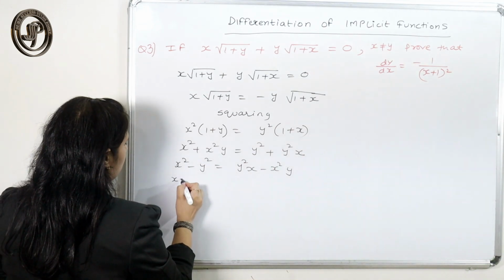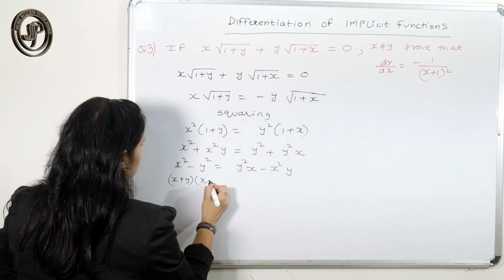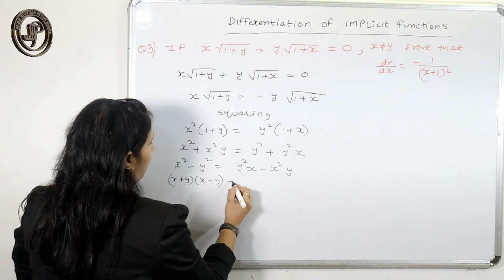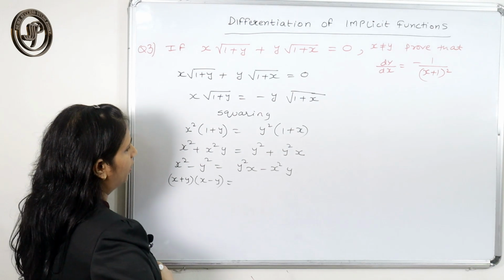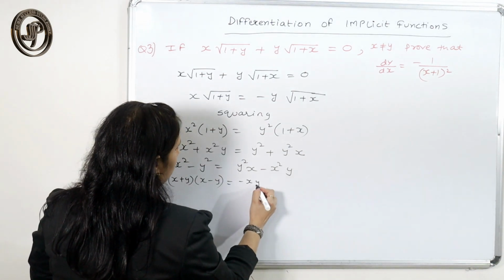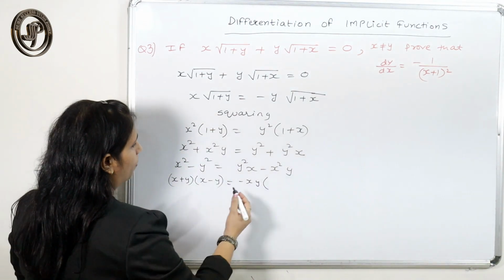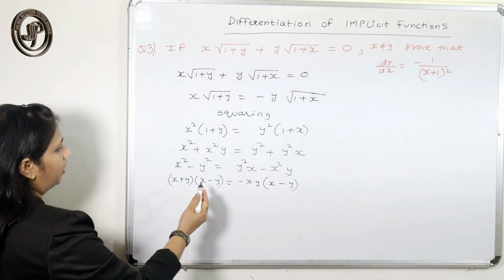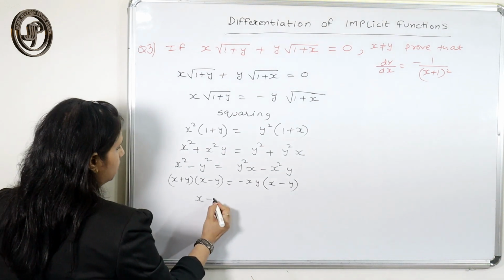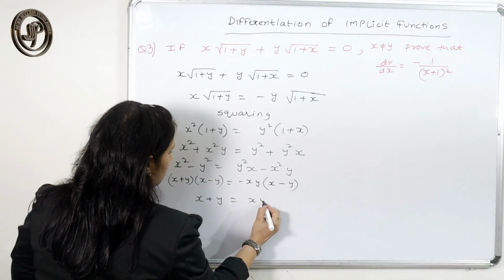Now I can write this as (x plus y)(x minus y), and if I take xy common, I get (y minus x). If I take x minus y common, I get x minus y. Now I can cancel x minus y on both sides.